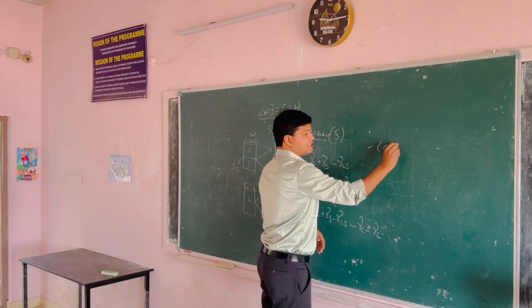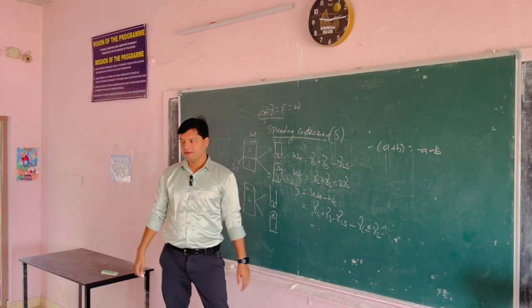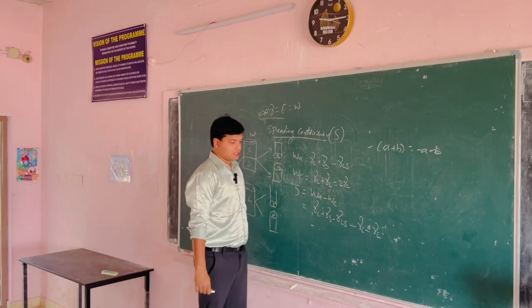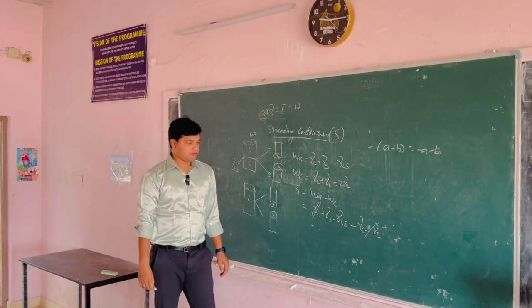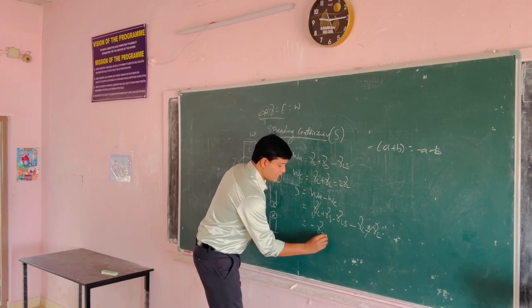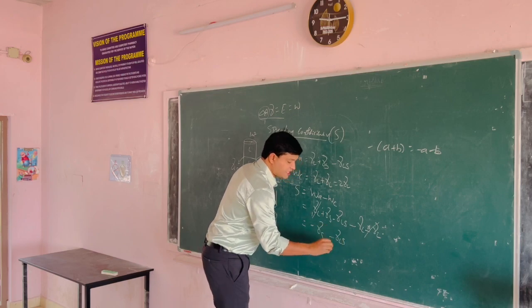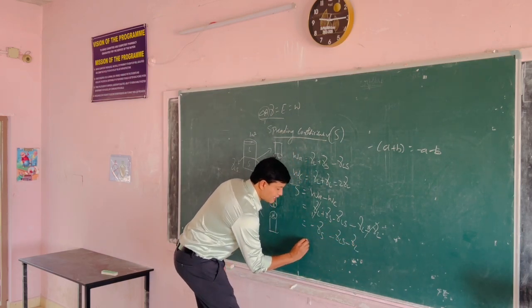Minus of A plus B is equal to minus A minus B. That's what I am writing there. Cancel the common terms, minus of liquid, plus and plus. So remaining is surface tension of substrate minus interfacial tension minus surface tension. These two can be written like this.